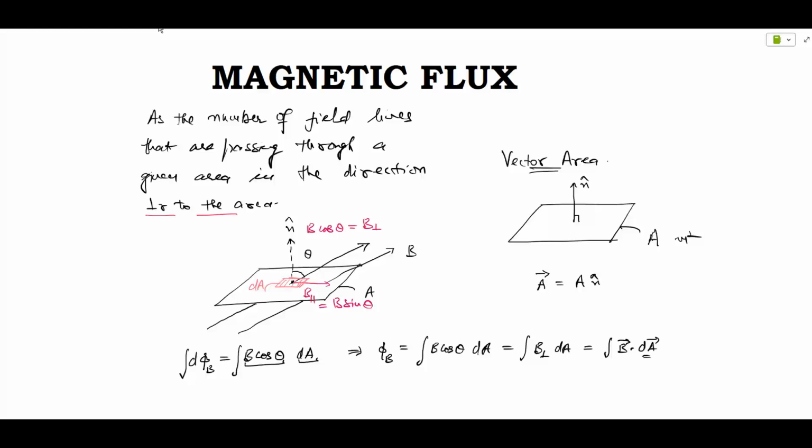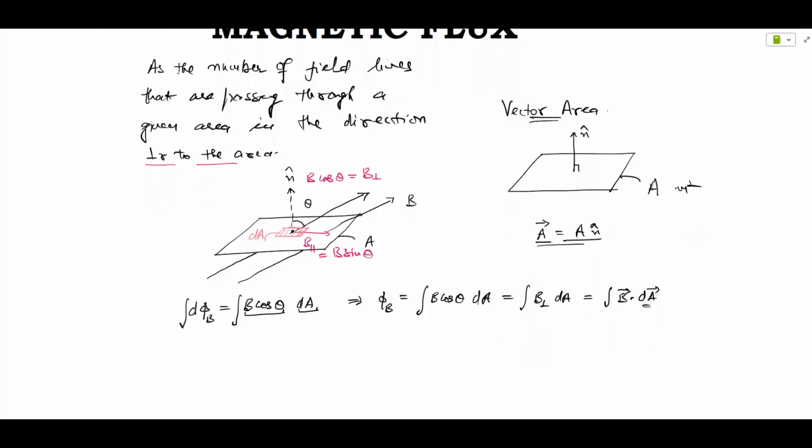Now what is that dA? dA is this, corresponding to the vector area. So this is the definition of magnetic flux. From here we know that the unit for the magnetic field is Tesla, and for the area, the unit is meter squared.